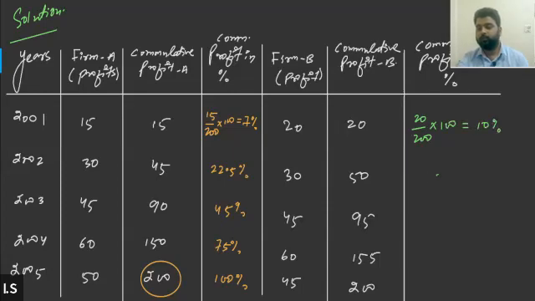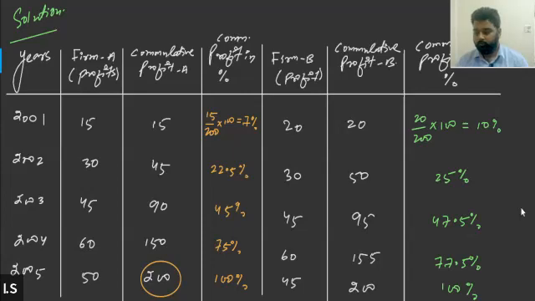And similarly, it will be 25%. Then 95 divided by 2, 47.5%. And 77.5%. And 200 divided by 200, it will be 100%. Tell me, Alexander, is this clear to you? Yes, sir.